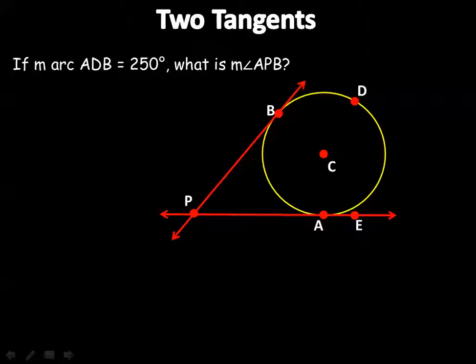So I like to write out our problem. I've got the measure of arc ADB is going to equal 360 degrees, because that's the measure of the whole circle, minus the measure of arc AB.